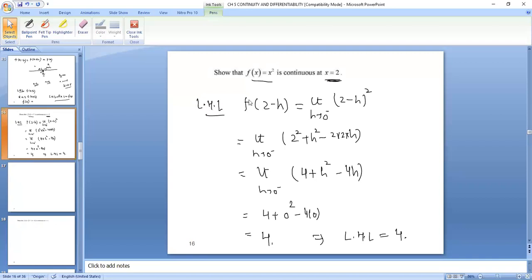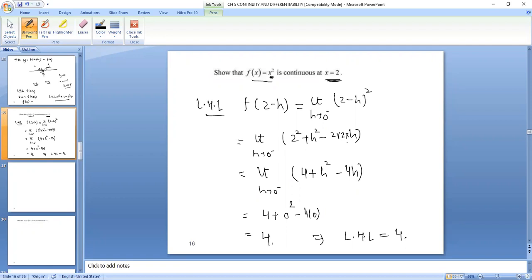Left hand limit means the value of the function at 2 minus h, where h is a very small number. The value approaches 0, right? F of 2 minus h means put the value of x as 2 minus h in the function. It will be limit h tending to 0, f of x is x square, so instead of x square it will be 2 minus h square.